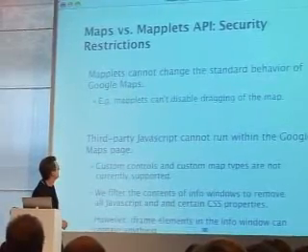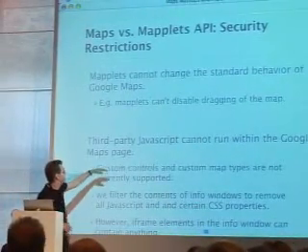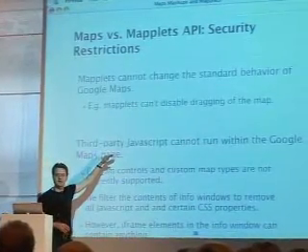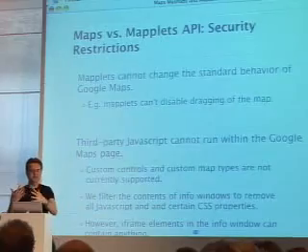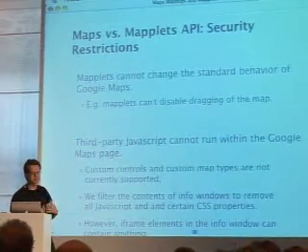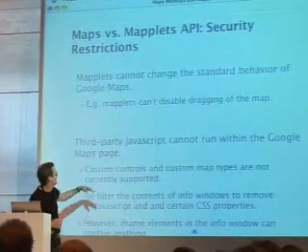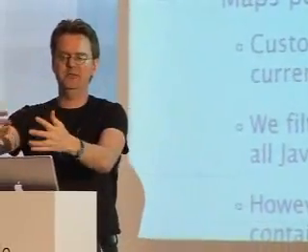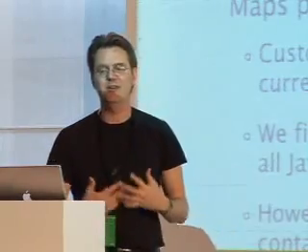I explained how we prevent foreign JavaScript from actually running in the main maps.google.com page. And of course, all the Maps API functionality that would involve transferring JavaScript into the maps.google.com domain in order to run it there is not possible in the Maplets API.